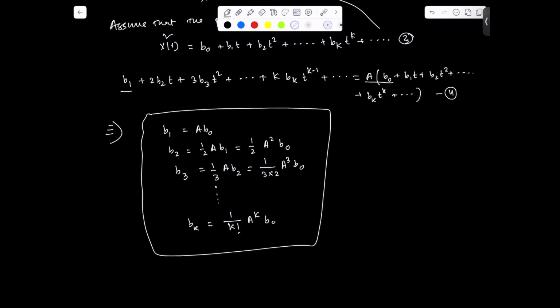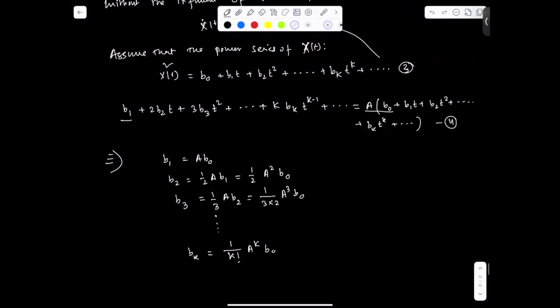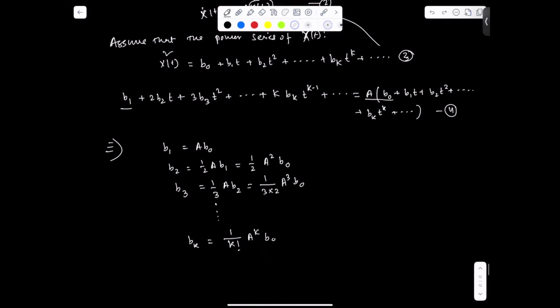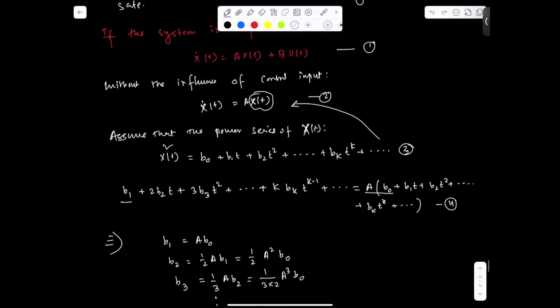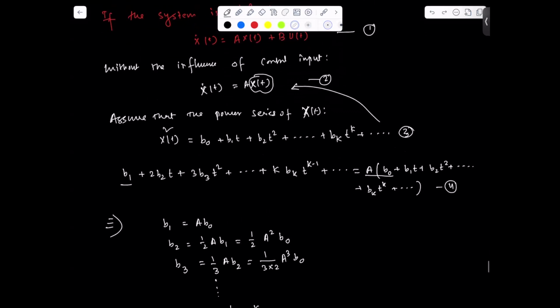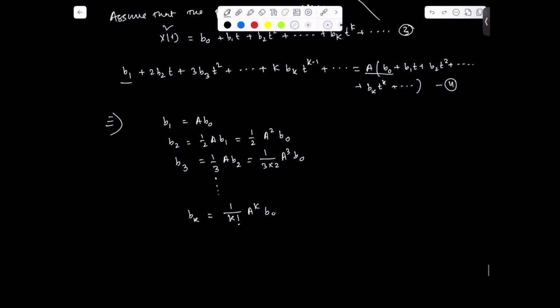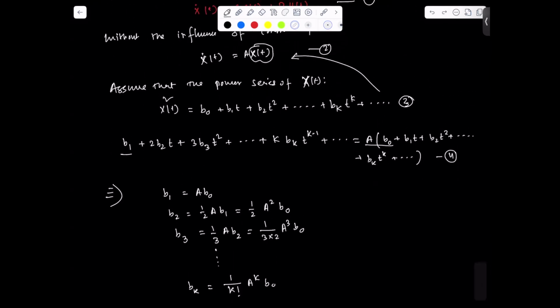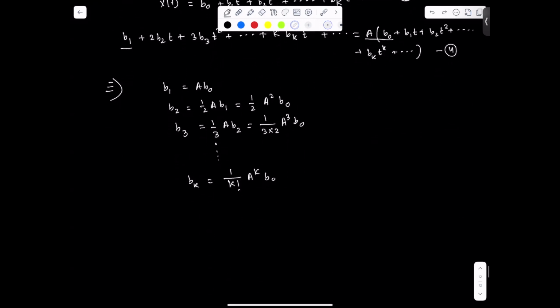Now we are going to take t equal to 0 for this particular case, so we put t equal to 0 in equation 3 and find the initial value of the state at t equal to 0.